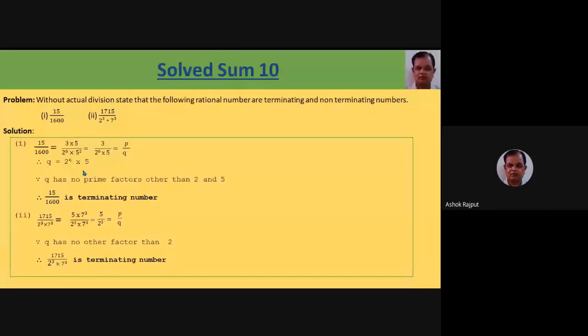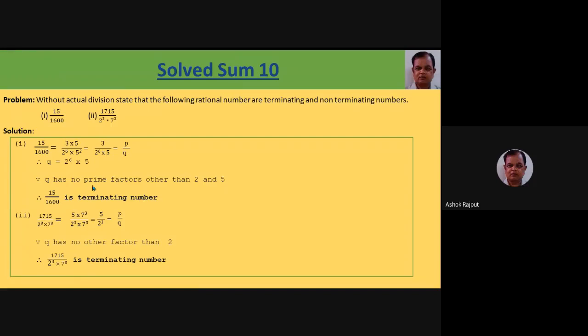Now we are seeing here q, the denominator, is in the form 2 raised to the power 6 into 5. 5 raised to the power 1 we can say, but 1 we never write. So q has no prime factor other than 2 and 5. So this number is a terminating number.